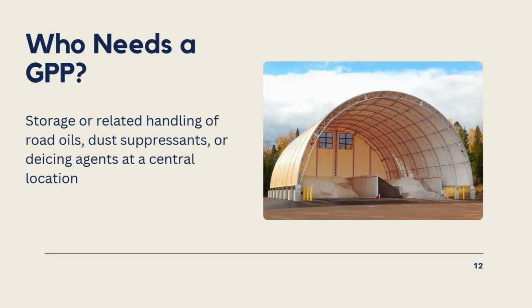There's a specific exclusion that goes with this that we'll get to later. But if you're working in transportation, or if you own a company that ices roads and plows roads, it's been a great year. Just know that your storage of those materials should have a GPP.